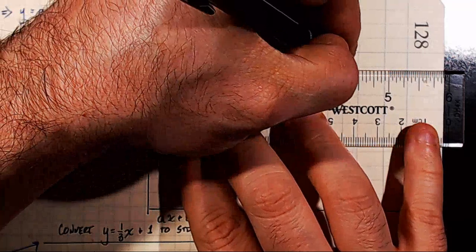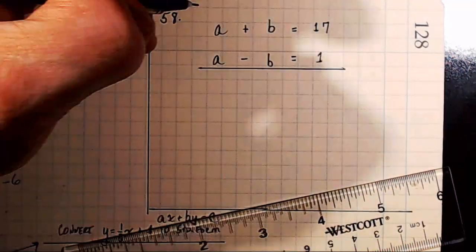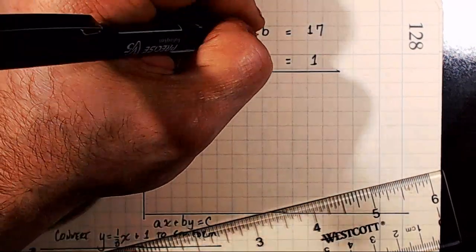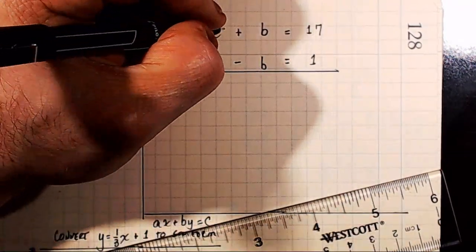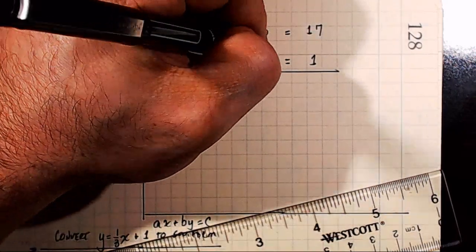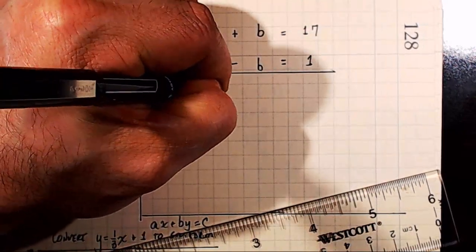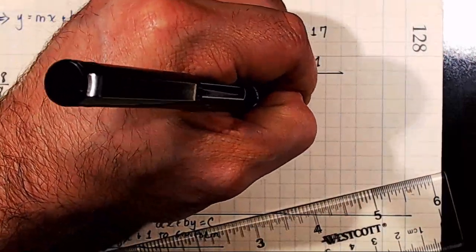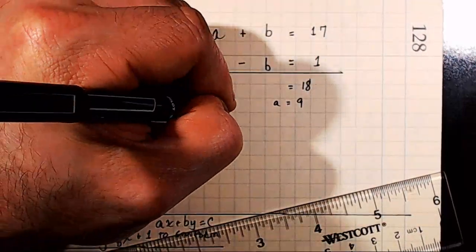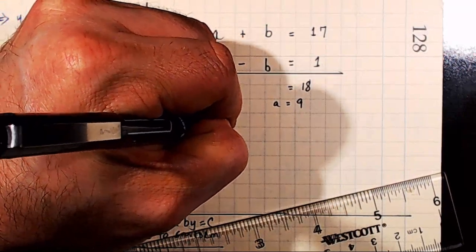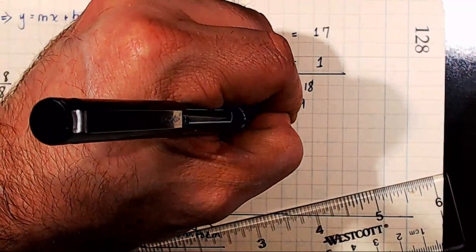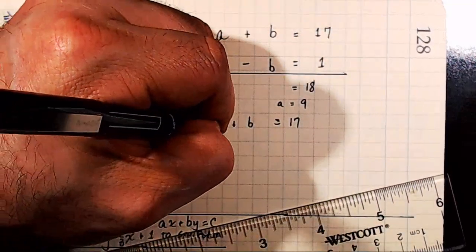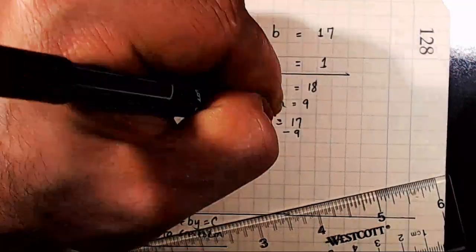We can solve this system algebraically using elimination by addition, and that will cancel out the b terms, okay, and we'll have 2a equals 18, and that means a equals 9, and then we can say 9 plus b equals 17, okay, and then subtract 9 from both sides.